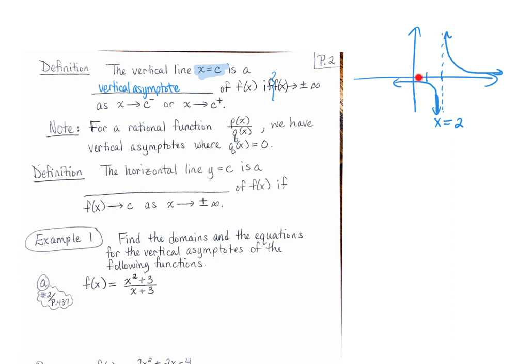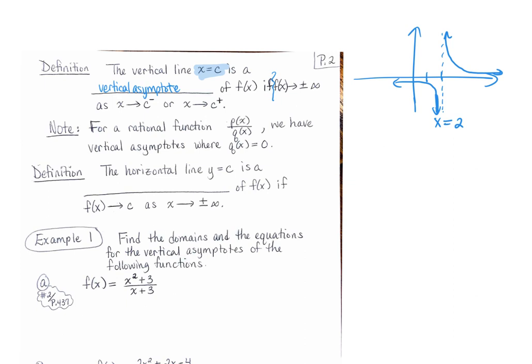As x approaches 2 from the left, our function approaches what? Notice that you're paying attention to two things at once. x is getting closer and closer to that value where you have your vertical asymptote at x equals 2, but you're also seeing what happens to your function. It's either going to go to infinity or negative infinity. When that happens, you have a vertical asymptote.